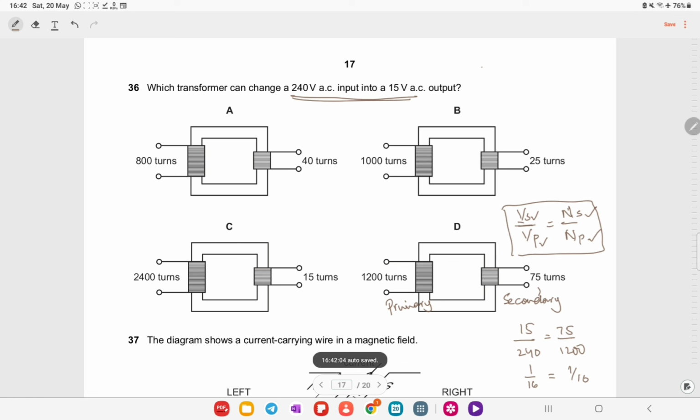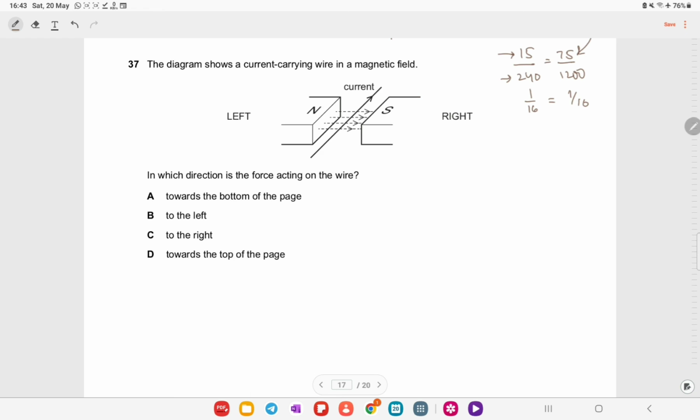Voltage in secondary is 15 volts, voltage in primary is 240 volts, number of turns in secondary is 75, and number of turns in primary is 1200. If you do the calculation, you will end up with the right option.